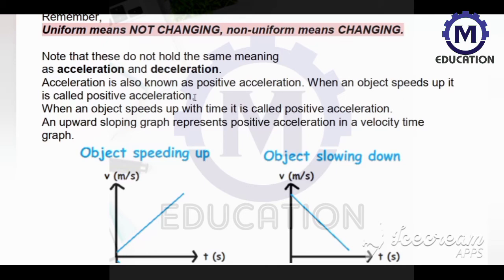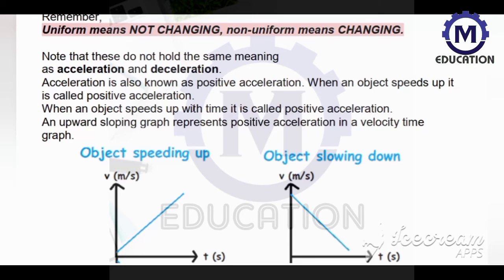For example, an object moves from rest, because rest means its initial velocity is 0 meter per second. After some time, its velocity becomes 10 meter per second. It means velocity is increasing from 0 to 10 meter per second. It means changing velocity took place, meaning acceleration is produced. That acceleration is positive acceleration.